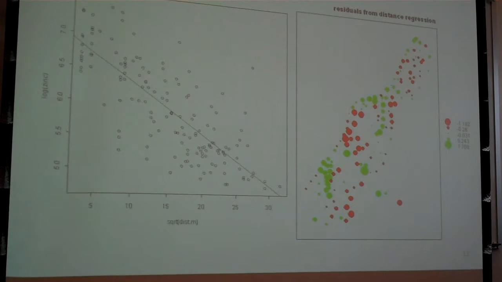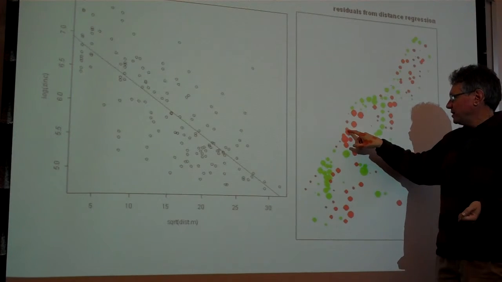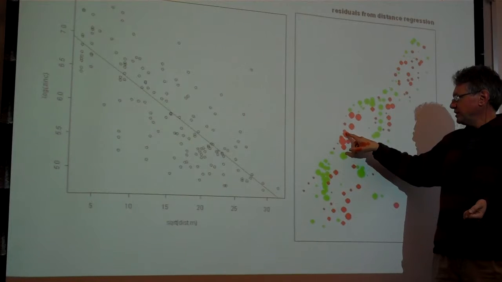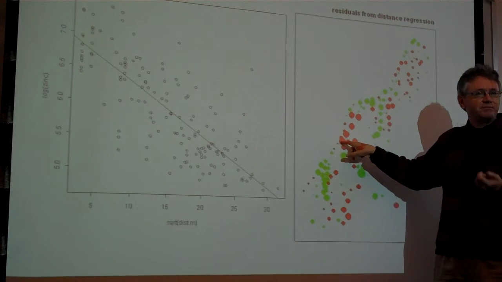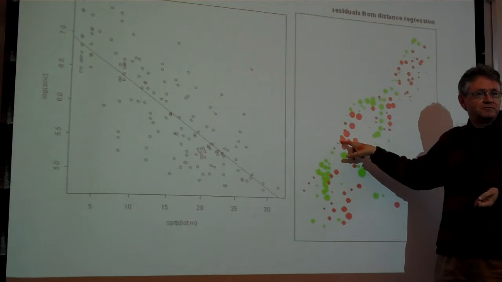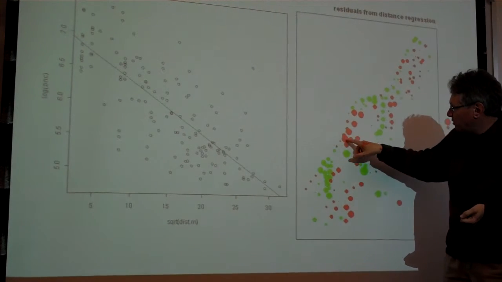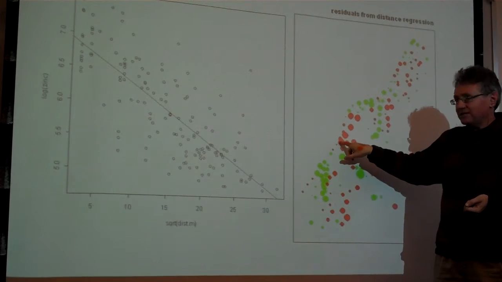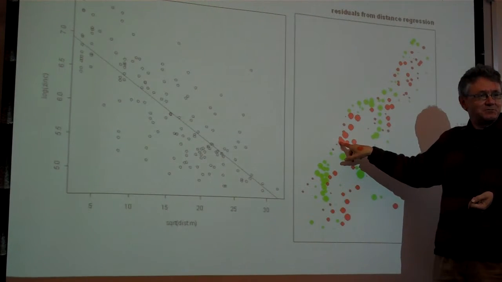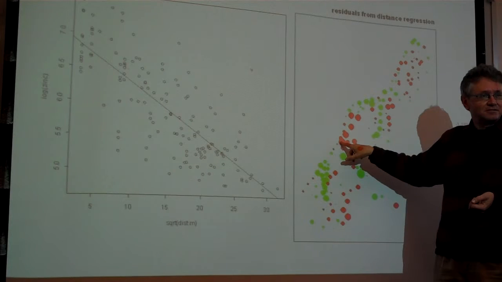And the model is assuming that those other factors are independent, in other words, that sampling this point doesn't give you any information about the value at this point, other than how far it is from the river. But what we see is, in fact, knowing the value at this point does tell you something about the value at this point, above and beyond the distance to the river.